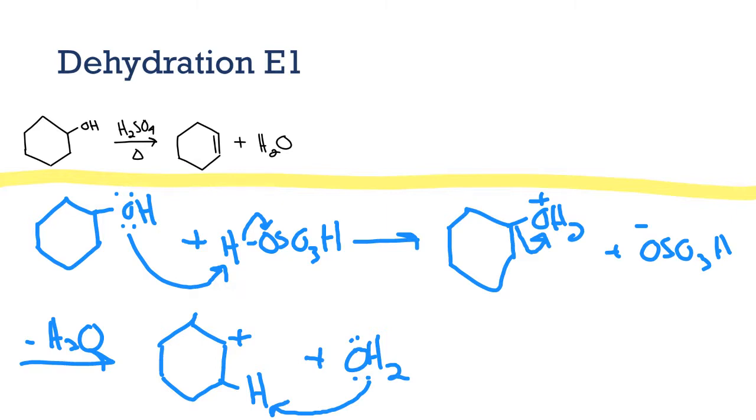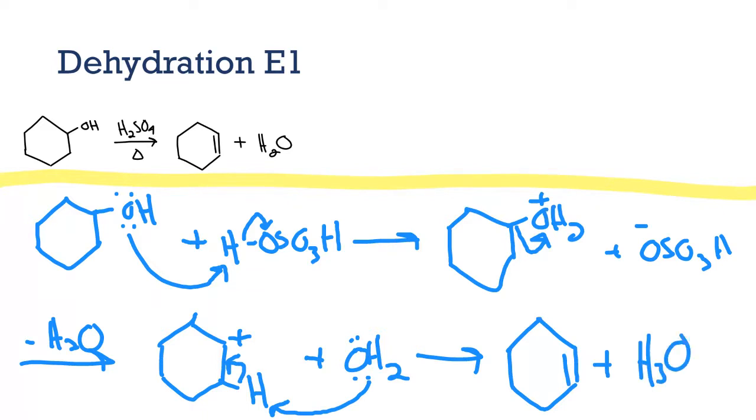And these bonding electrons will go here to neutralize that positive charge and form the double bond. Okay, and you'll have hydronium, which happens when you have an acid in water. Okay, does that make sense? You have done these reactions before in the last semester, so this should be a little bit familiar at least.